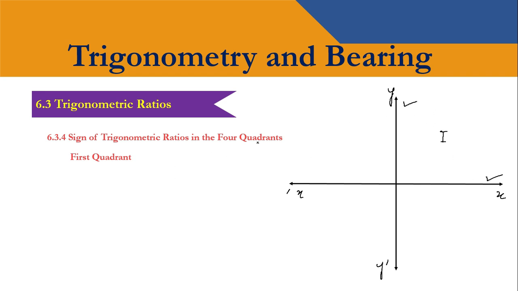So it means that in the first quadrant, sine theta is positive, cos theta is positive, tan theta is equal to y over x, and because y is positive when x is positive, it is also positive, and their reciprocals are also positive. So all 6 ratios are positive in the first quadrant.